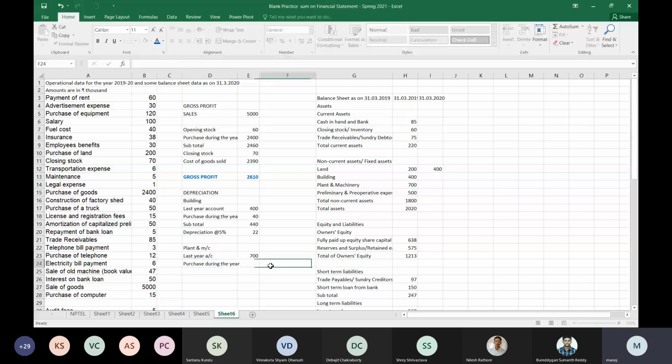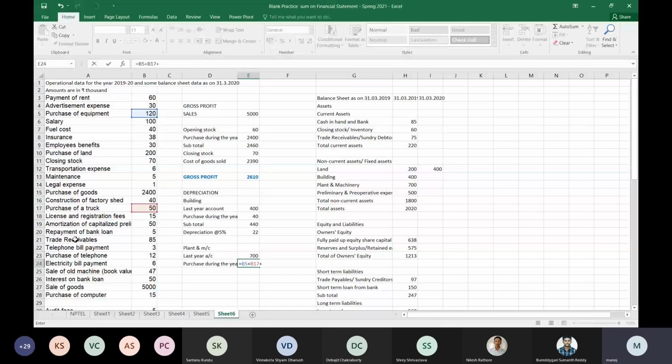How much is that? Now there may be many. So let us see how much is there. So one is payment of rent, advertisement, purchase of equipment. This is one plus salary, fuel cost, insurance, employee benefit, purchase of land is not, closing stock, transportation, maintenance, legal, purchase of goods, construction of factory shed, purchase of truck. This is another one plus.